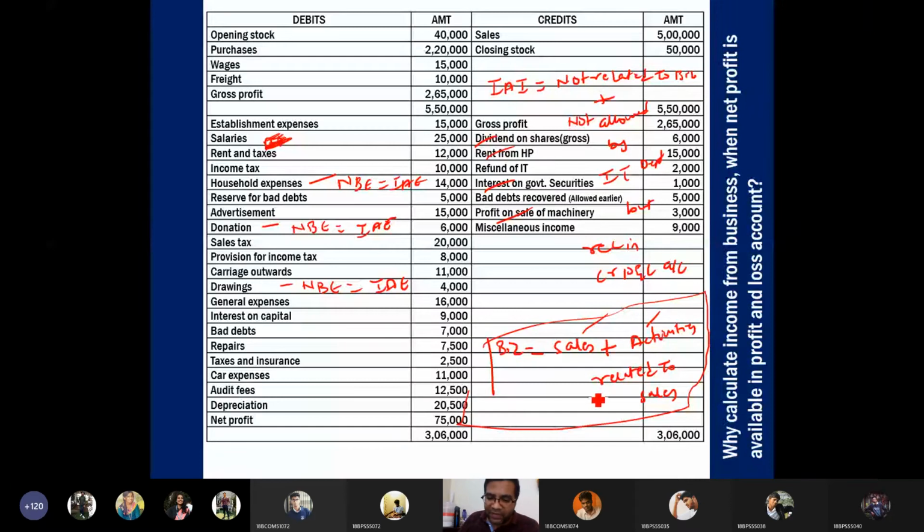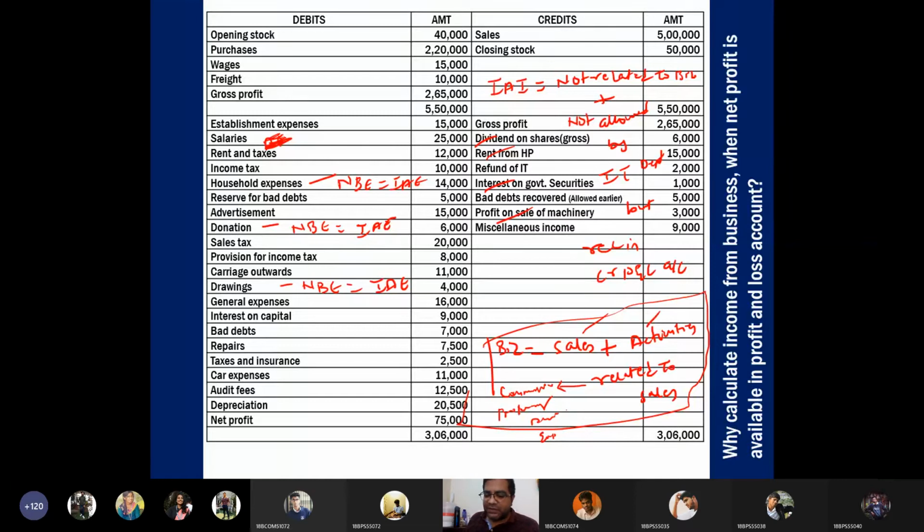Now, what are the examples of activities related to sales? Examples are commission received from wholesaler, brokerage received from supplier, discount received from wholesaler, export incentive received from government. All these are examples of activities related to sales, right?